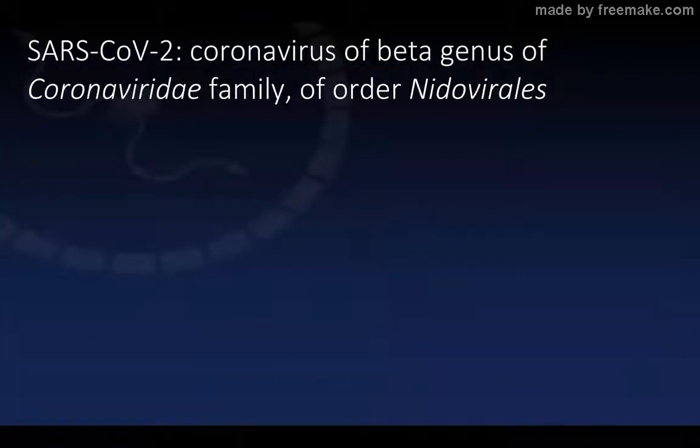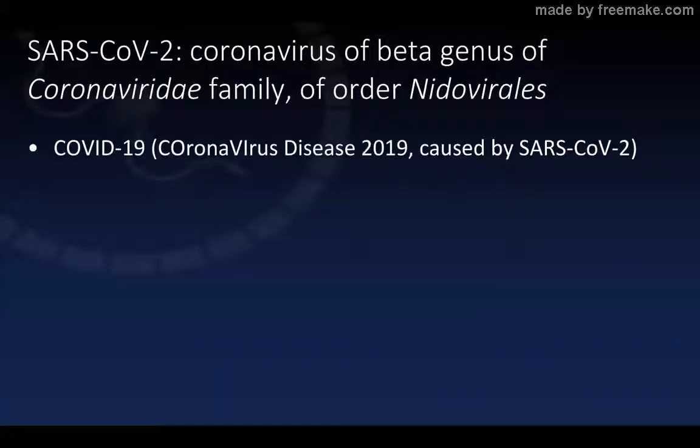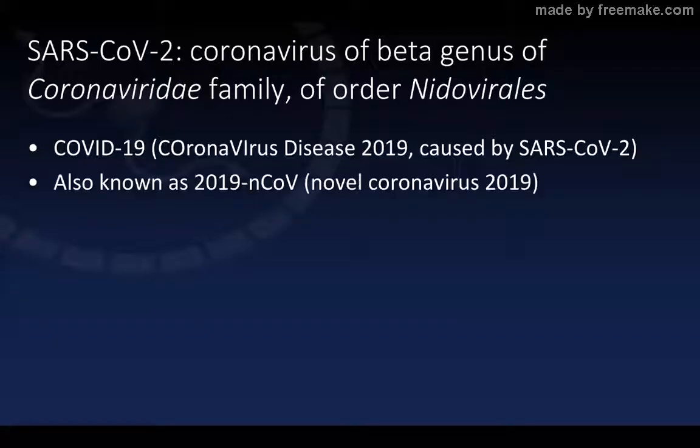The virus itself is called SARS-CoV-2, or the coronavirus, of the beta genus of the Coronaviridae family of the order Nidovirales. The disease itself is called COVID-19, coronavirus disease 2019, caused by the SARS-CoV-2 virus, previously also known as 2019 novel coronavirus.